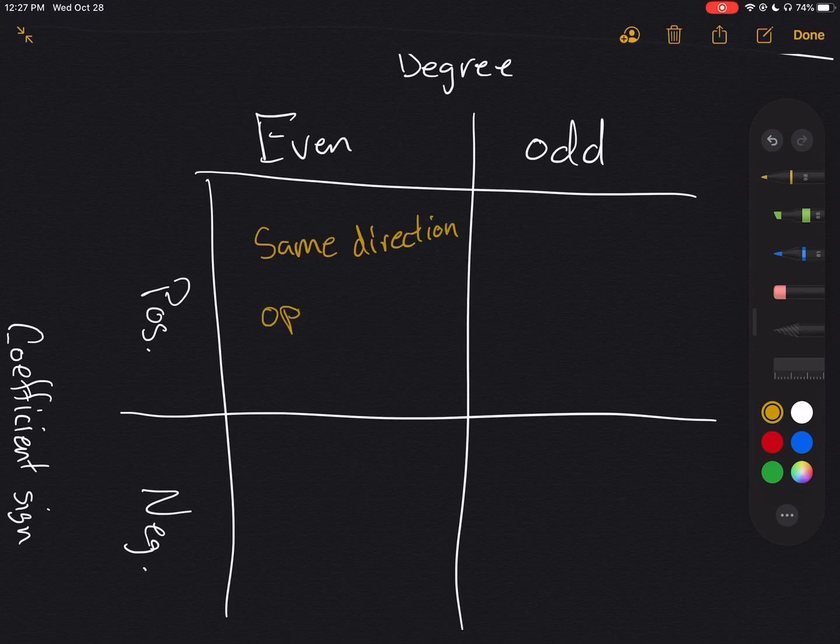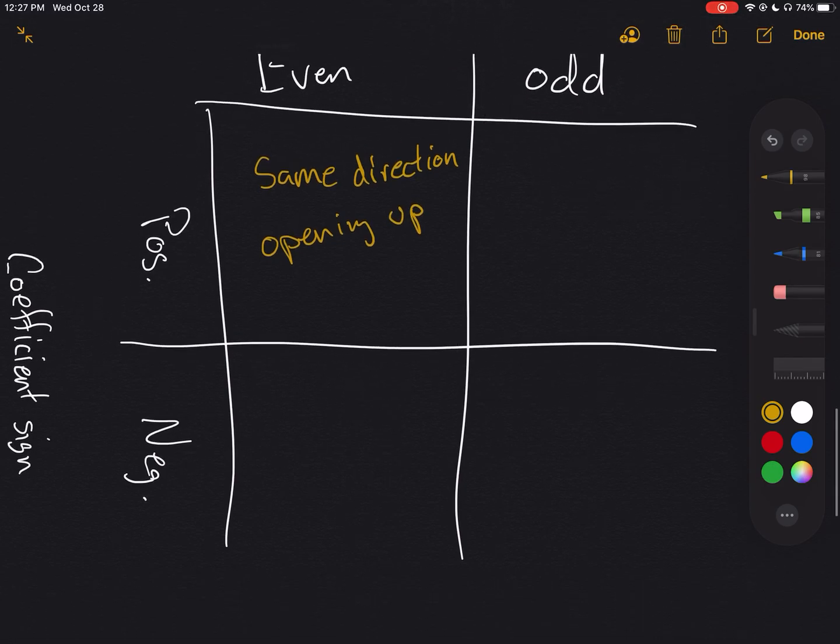Opening up. On the other hand, if we keep it an even degree, but we change the sign to negative, then still same direction. But instead of opening up, we're going to open down, opening down.